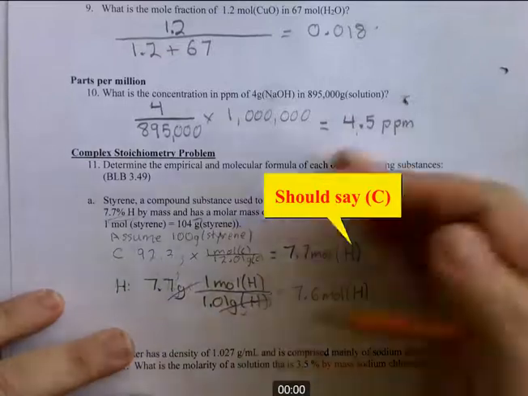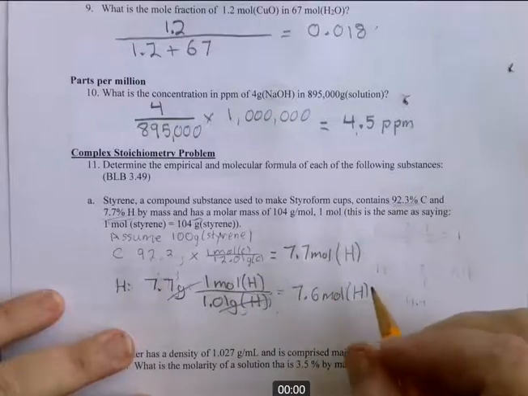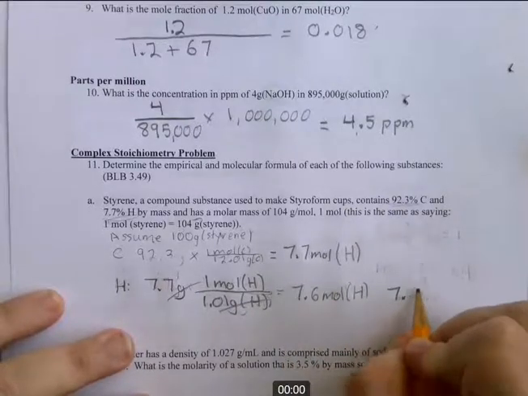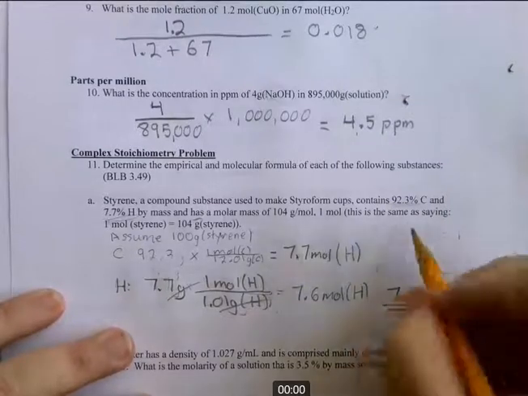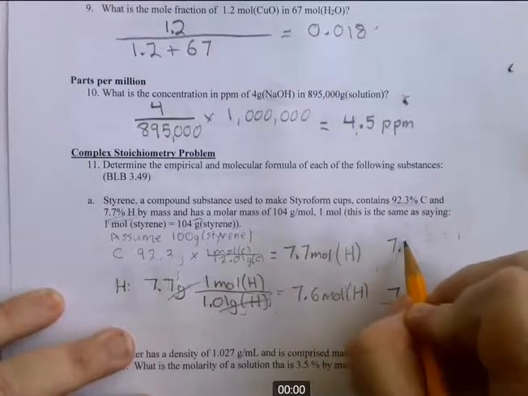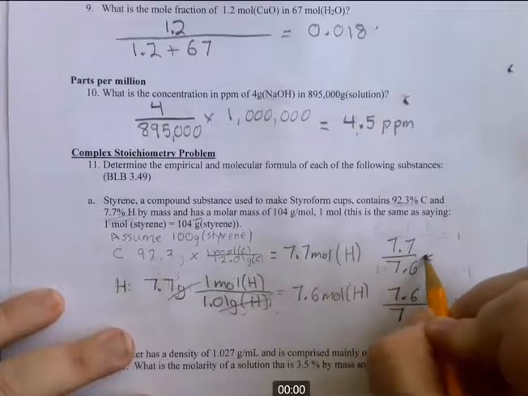Okay, so now what you do is you make a ratio of these two with the smallest number on the bottom. So for hydrogen, it's going to be 7.6 over 7.6, which equals 1. And then for this one, it's 7.7 over 7.6, which equals close to 1.